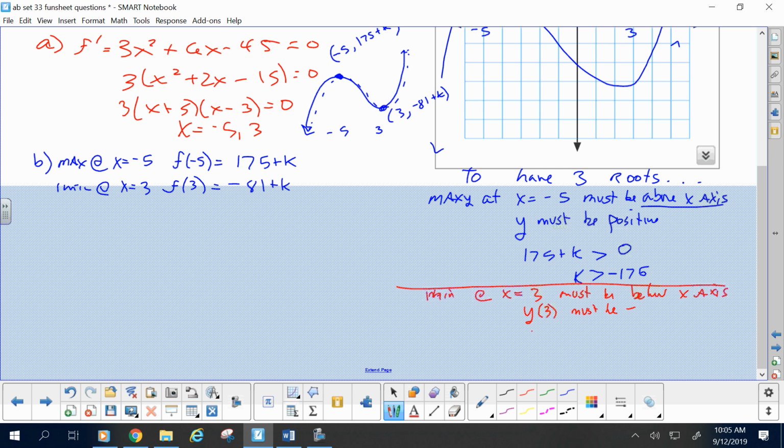So what's the y at 3, or f at 3? Negative 81 plus k must be less than 0, so k must be less than 81. So if I put those together, I can infer that k has to be between negative 175 and 81.